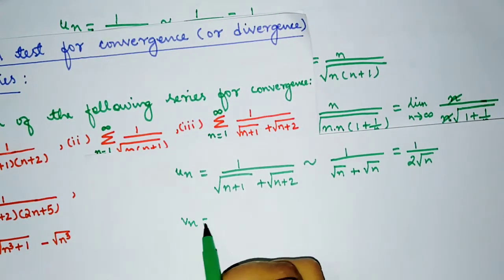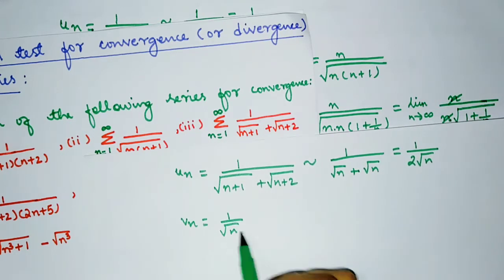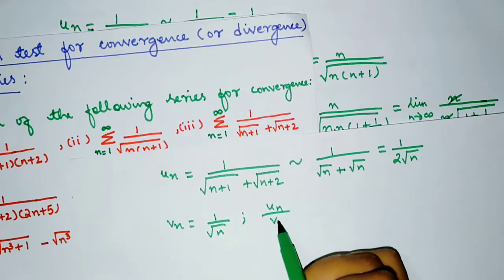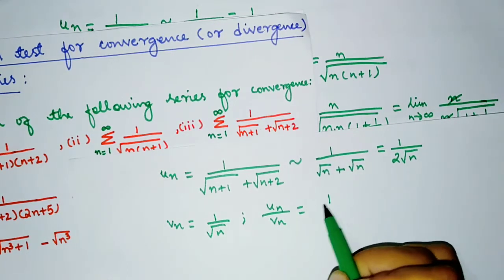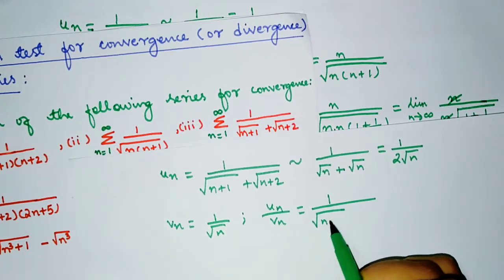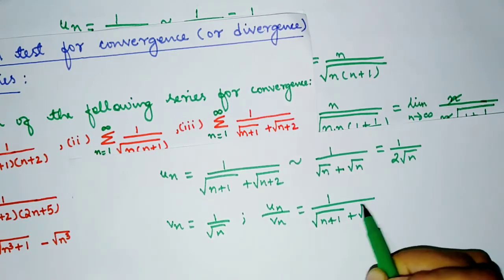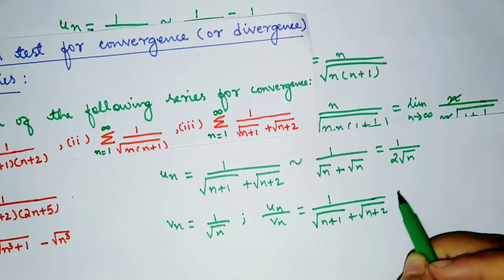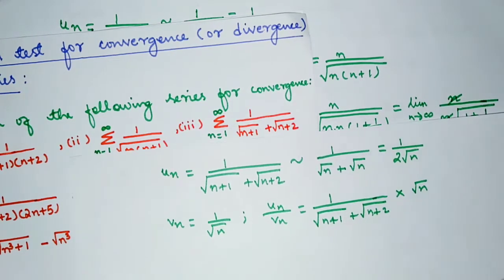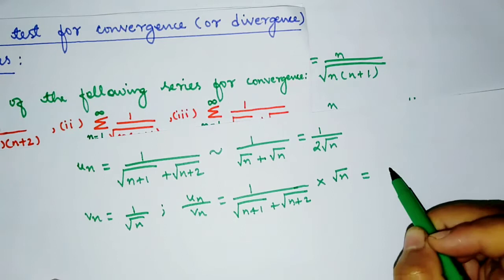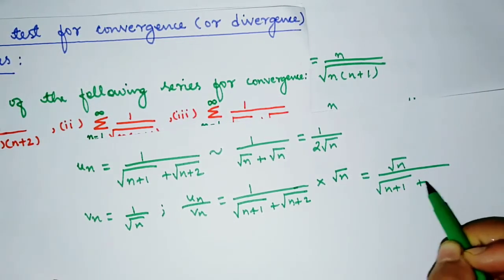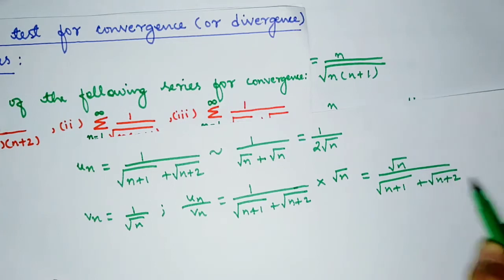What is Vn? It is 1 upon root n. Now divide un by Vn. Un is 1 upon square root n plus 1 plus square root n plus 2. Dividing by Vn, it is square root n upon square root n plus 1 plus square root n plus 2.